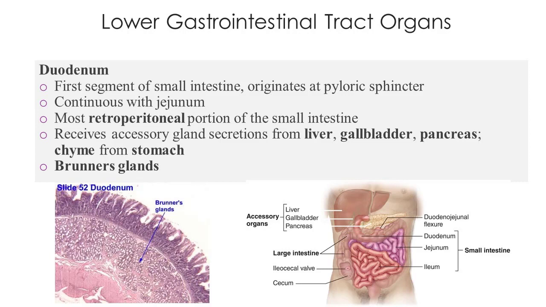That way we're going to protect not only the lining of our intestinal tract, but also all of the secretions coming from the gallbladder and the pancreas. Because the enzymes coming from the pancreas are not meant to be active in acidic conditions. That acid from the stomach would neutralize all of these enzymes, so we have to neutralize every bit of that acid, and that's what the Brunner's glands do.